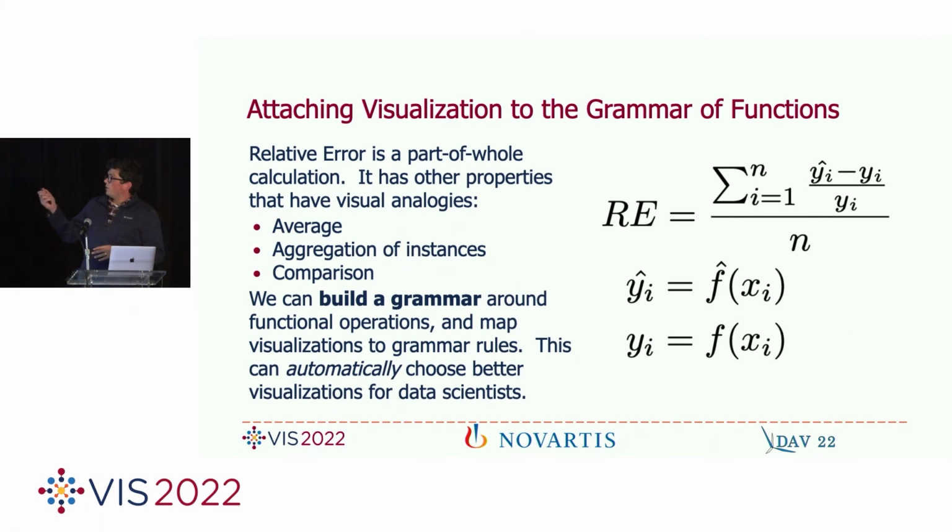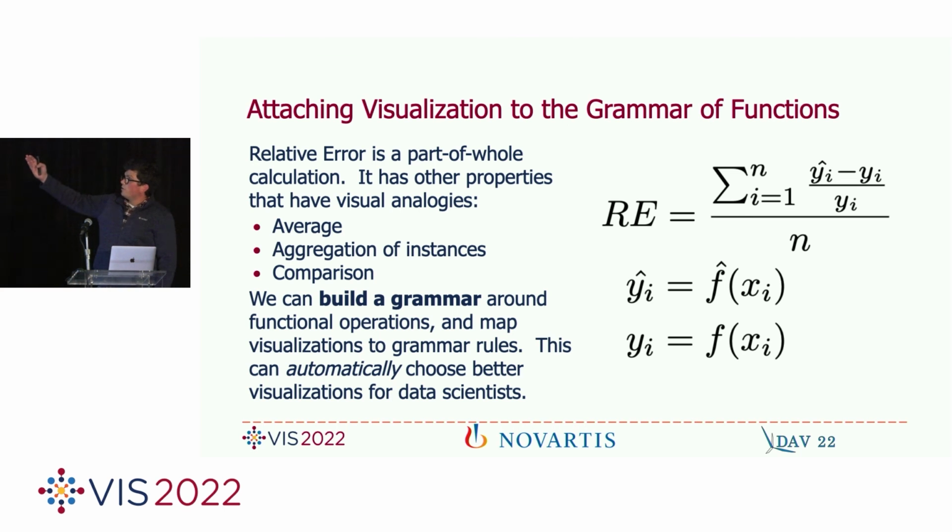what I did for this is I looked at the calculation of error that the data scientist was using, and they have all these calculated values that they want to communicate. So for the error calculation on the top right, you can see it's a sum of n elements on the numerator divided by n. And there's all these qualities about the computation that might imply certain rules of thumb, right?